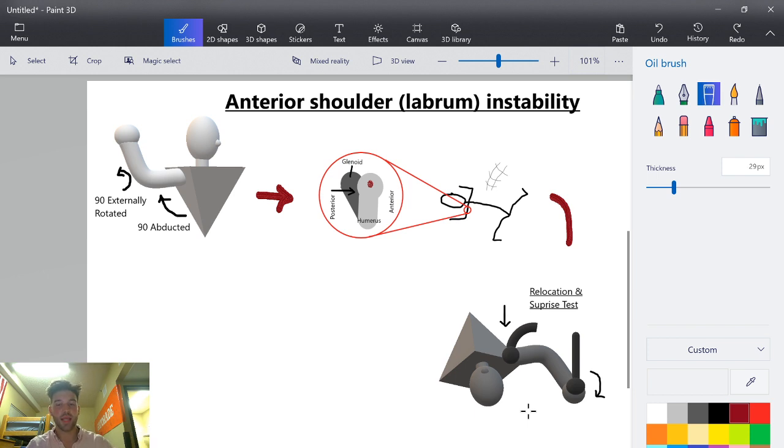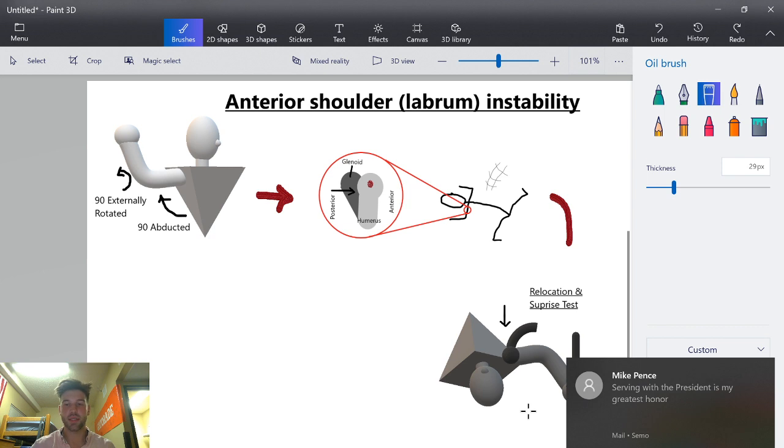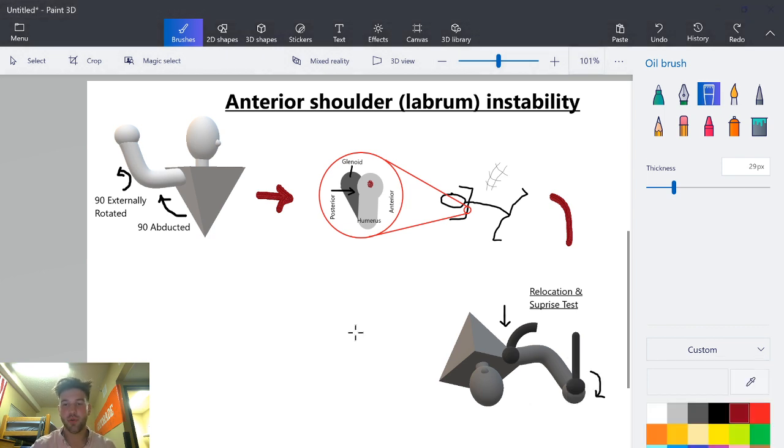And then for the surprise test, you're going to take that hand that's holding the wrist and push down for external rotation. You're going to just drop both of your hands and see if any pain is elicited from the patient, and if they just go back into place instead of keeping that range of motion that you had during the relocation test.